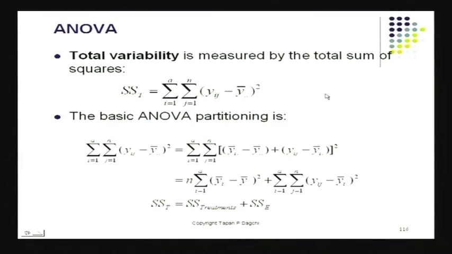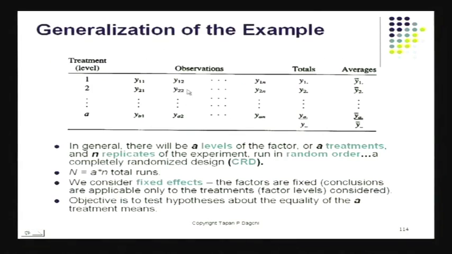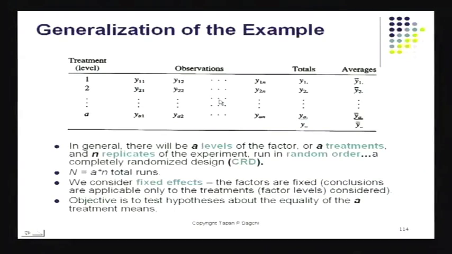If you look at the total variability, what is the total variability? Our quantities are these yij. That is the response of my treatment being at level i and my replication number being at j.